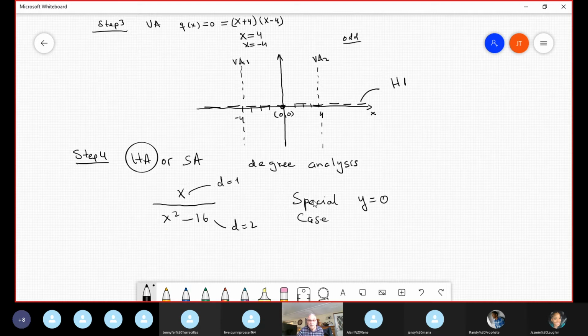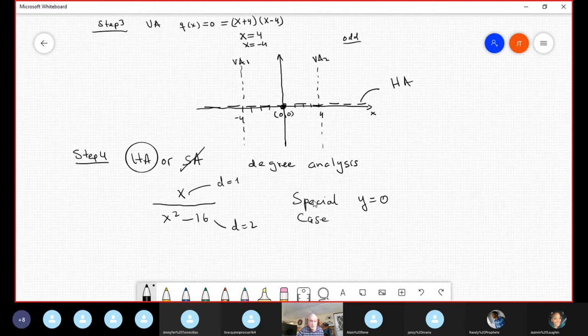By the way, the famous point in which the curve crosses the horizontal asymptote is 0, 0. 0,0 is everything. It's the y-intercept, it's the x-intercept, and also it's the special point in which the curve crosses the horizontal asymptote.